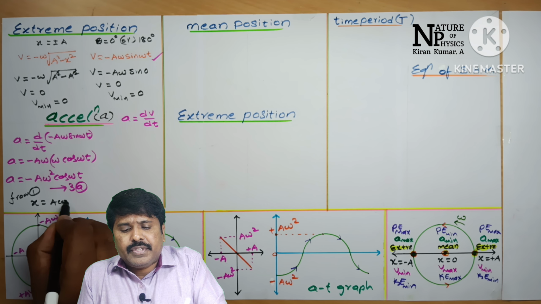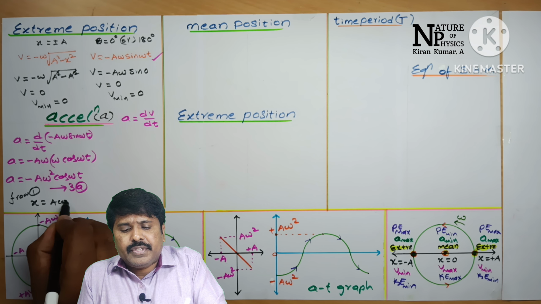See student, and the values are replacing now, that is first linear equation, that is equation number 2b. So velocity v is equal to minus omega root over a square minus x is equal to 0 square. So that square root gets cancelled for a, so that v is equal to minus a omega. I got here velocity is maximum which is equal to minus a omega.